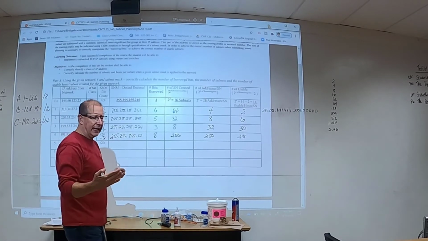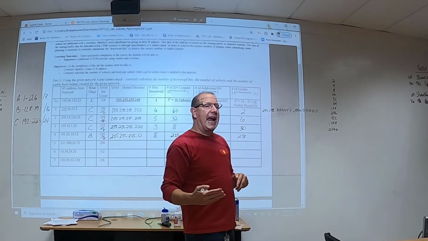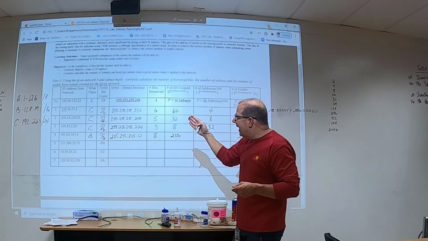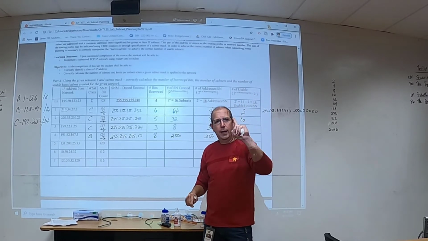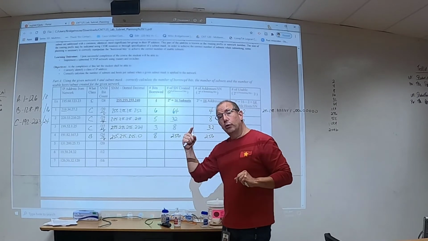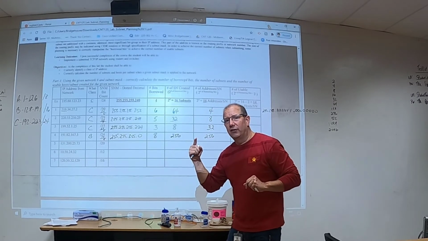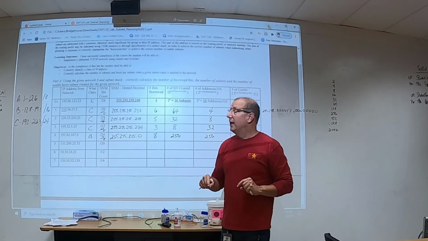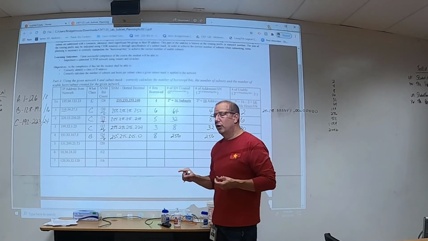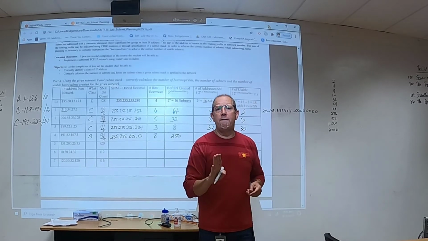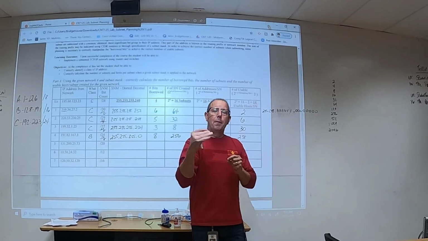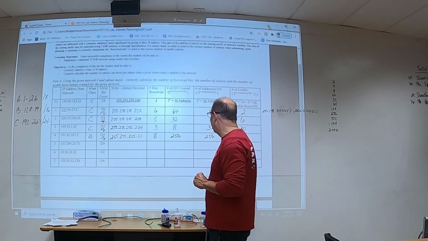So when the router gets involved and does the ANDing operation, the first thing the router is going to do is look at that first octet and say, it's a Class B. Then it's going to look at the subnet mask and say, but they borrowed bits to make additional networks. Therefore, the router knows that it has 256 networks to choose from when it makes its best path decision on where to send your data.